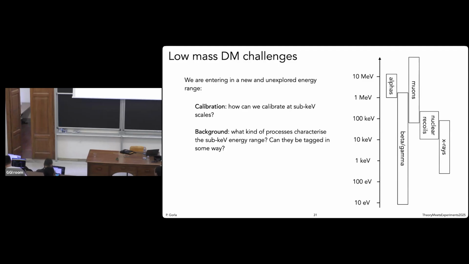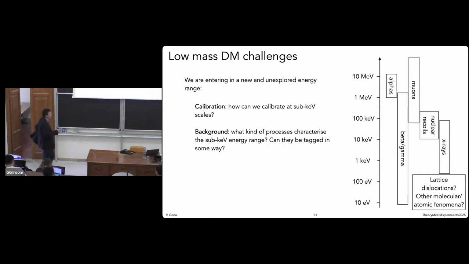And then, as you go lower, you have the contribution of beta gamma events. You have atomic physics stepping in, so X-rays. But if you still go down, we really have no idea what becomes the dominant background. In this tens of eV, you have what?